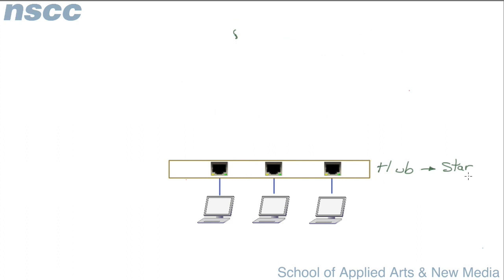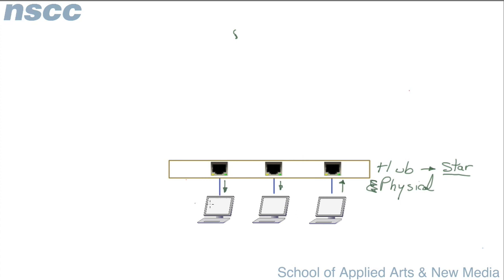So the improvement was the star topology, but a hub worked at the same OSI model layer. That is, it worked at the physical layer. And it's simply, if a packet came into a port here and it used twisted pairs instead of coax, it simply regenerated those electrical signals down all the other ports.